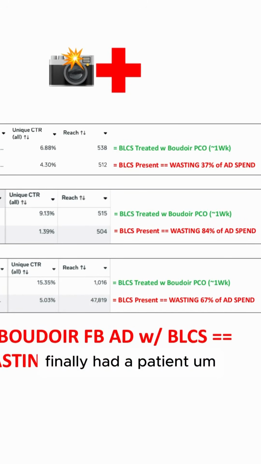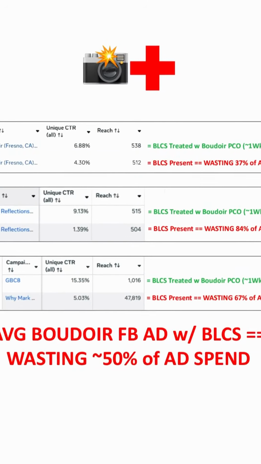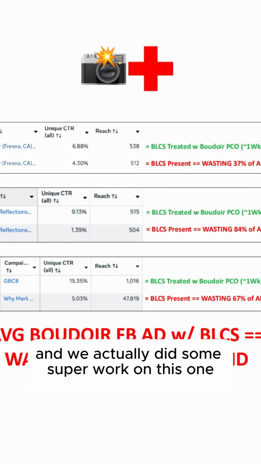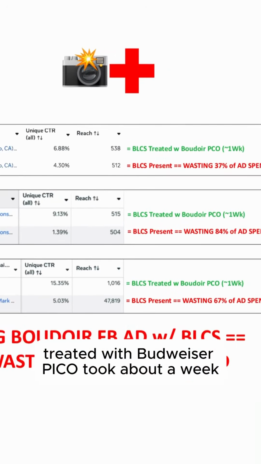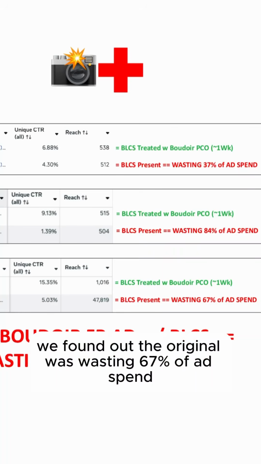Finally had a patient, his unique CTR on his ad was 5.03%, and we actually did some super work on this one. Treated with Boudoir Pico, took about a week, got the unique CTR up to 15.35%. So found out the original was wasting 67% of ad spend.